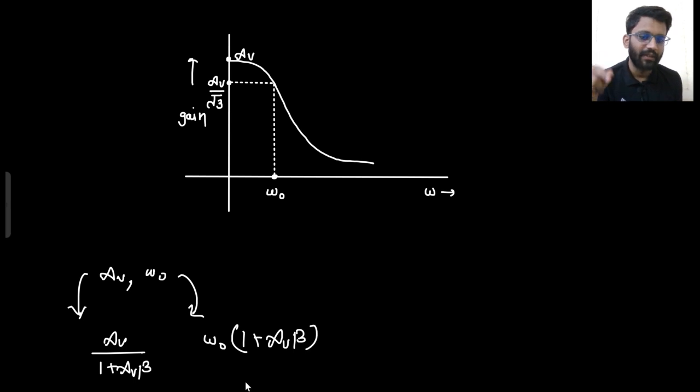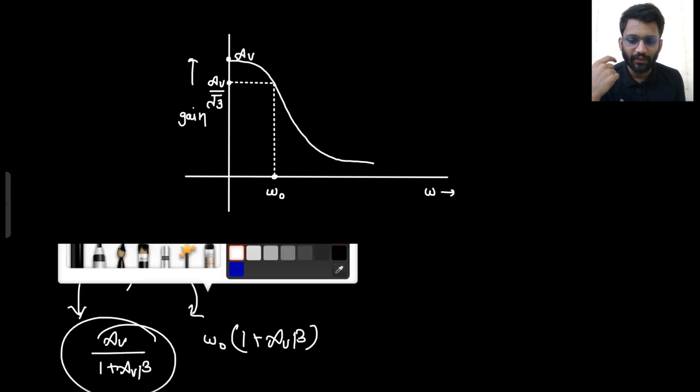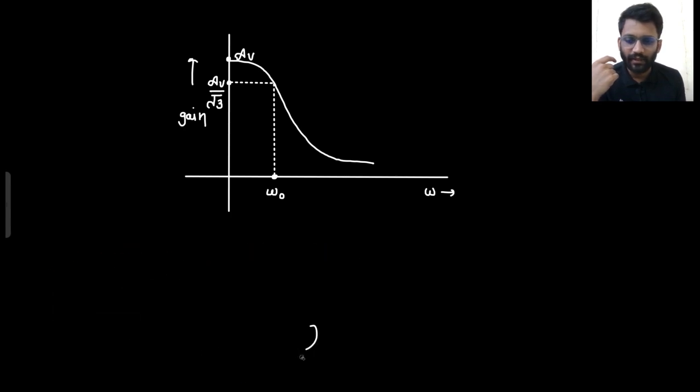The gain will be reduced by a factor of 1 plus AV beta, and bandwidth will increase by the same factor. We studied this in the feedback topology, right? If you don't remember it, we can derive it once again. We will solve a problem in the next slide, and then we can derive it again.